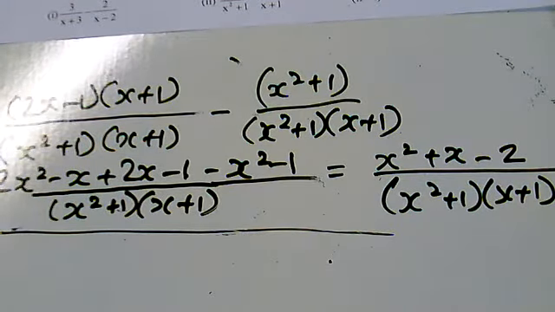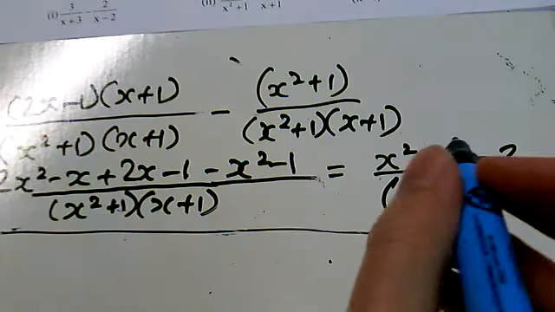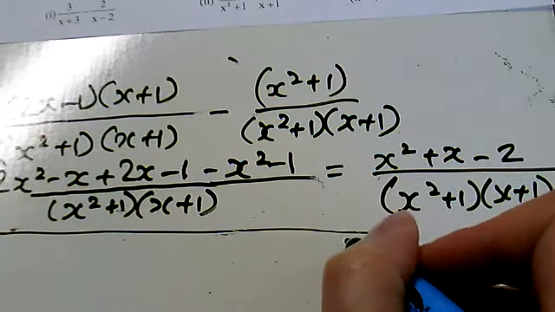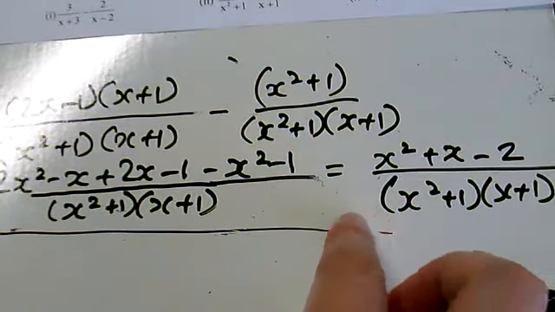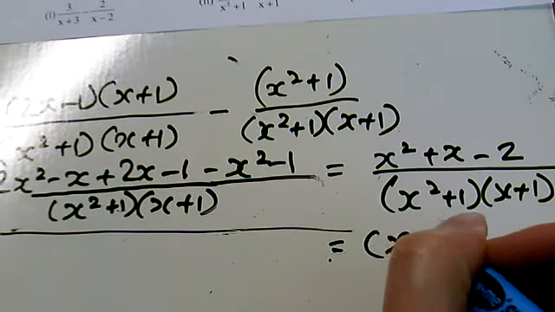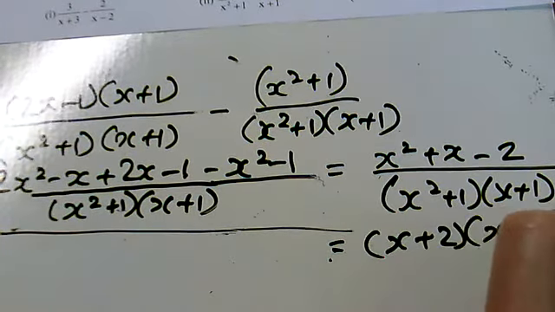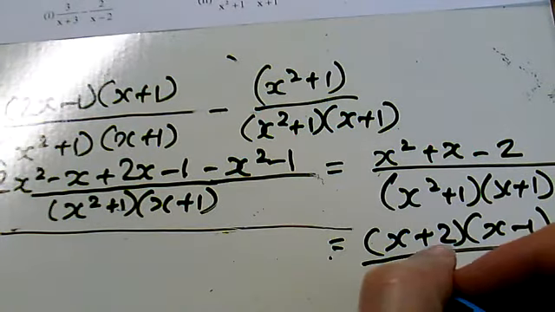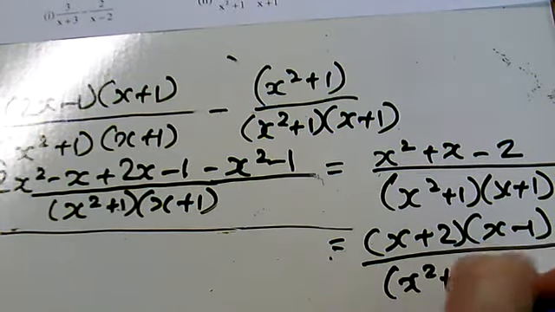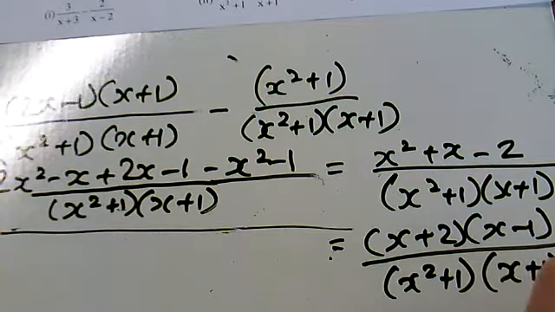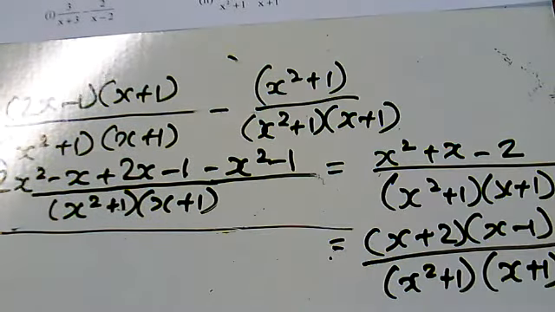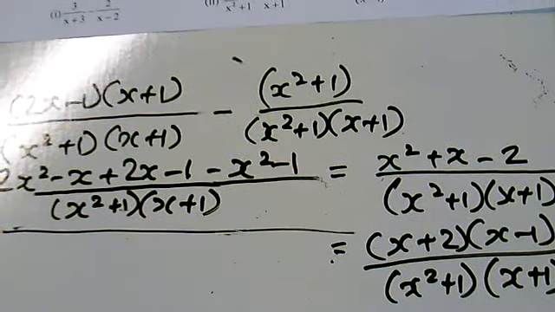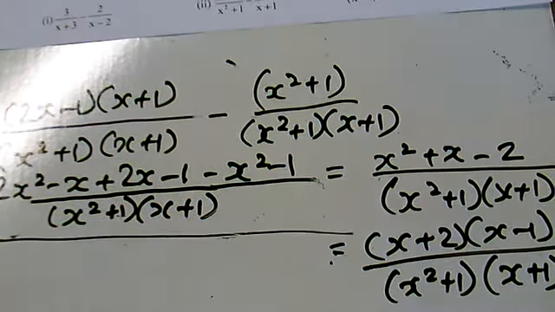Yes, so let's do that. So that factorises into x plus 2, x minus 1 over x squared plus 1, x plus 1. And that doesn't cancel, so we'll just leave it like that. Okay, on to part 3 then.